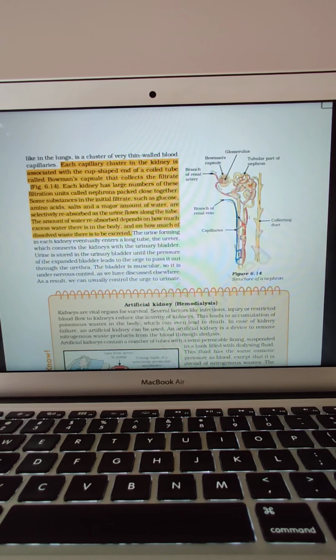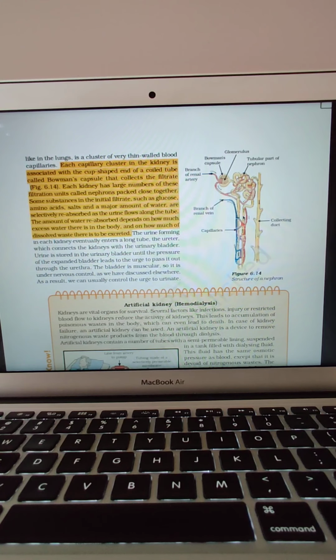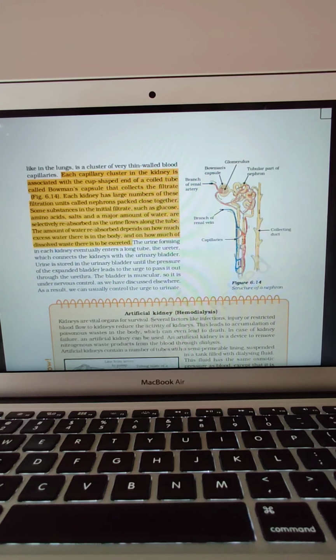When the urine is passed through this yellow tubule, these substances are selectively reabsorbed according to the need of our body. And this is how the process of dialysis in our kidney differs from artificial dialysis during hemodialysis.